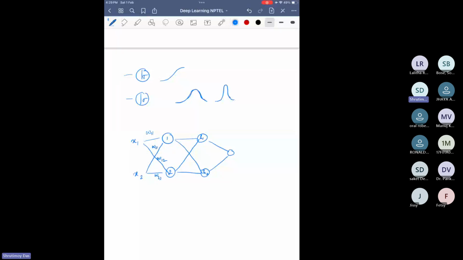So at neuron 1, you will get something like w11 x1 plus w21 x2, and you will do a sigmoid of this, right? So here the 0.2 that you were looking at, maybe this is 0.2, let us say.